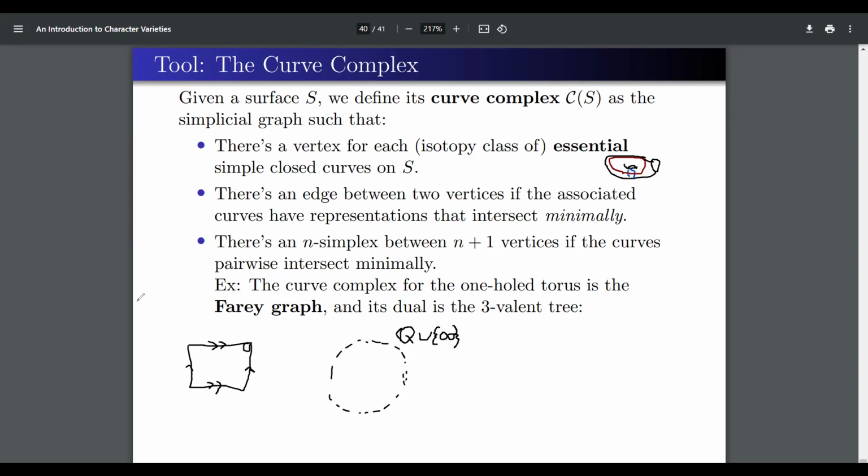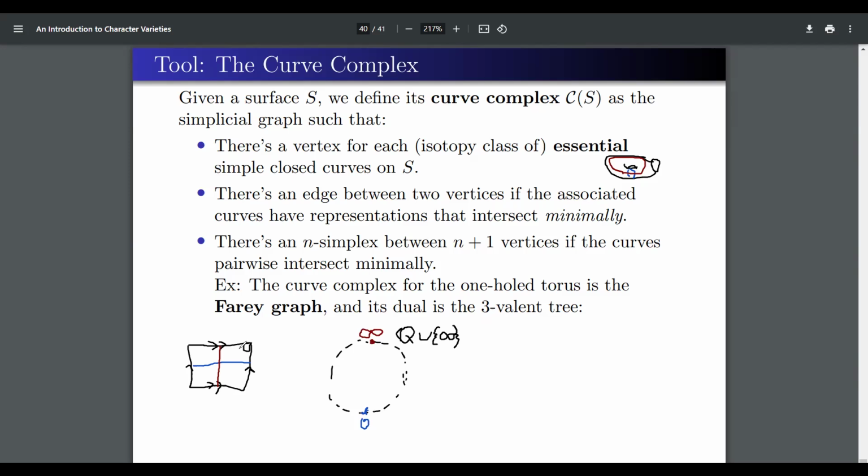Now I'll start sending some curves over. So the horizontal curve has slope 0, so I'll send it to 0. The vertical curve has, well, undefined slope, but vertical slope, we can call that infinity, infinite slope.